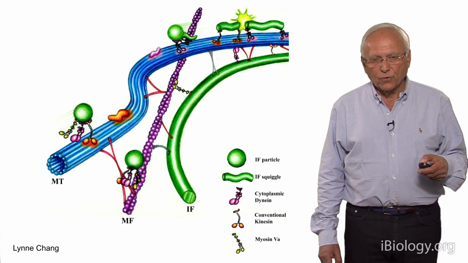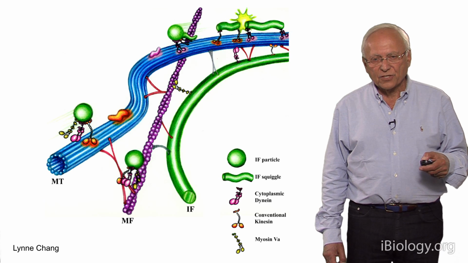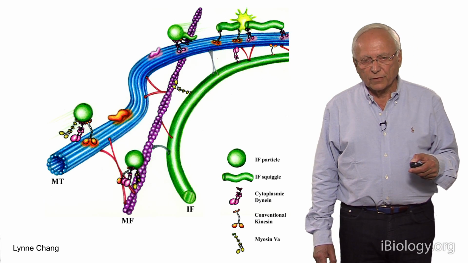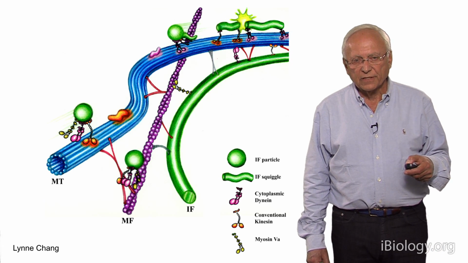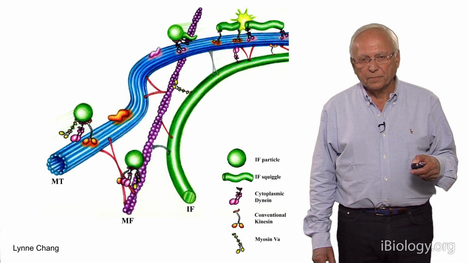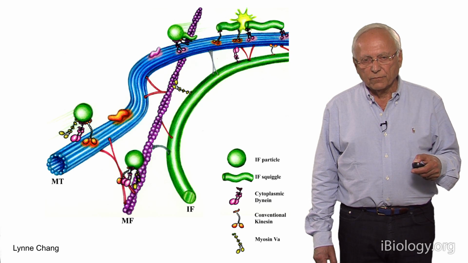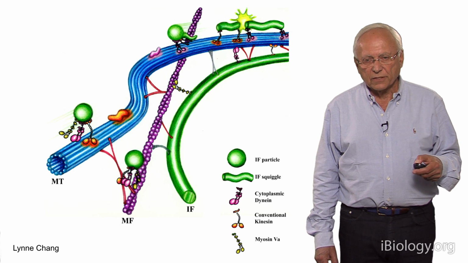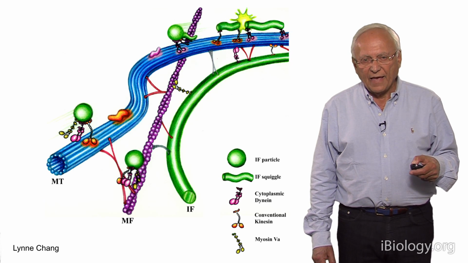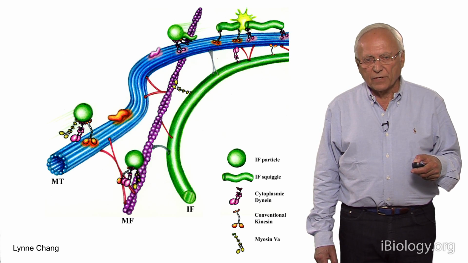And without giving you all the data, I just want to summarize by saying intermediate filament particles move bidirectionally because, in fact, they're associated with both dynein and kinesin, so they can move both towards the plus end and the minus end of microtubules. And they move at relatively high rates of speed.